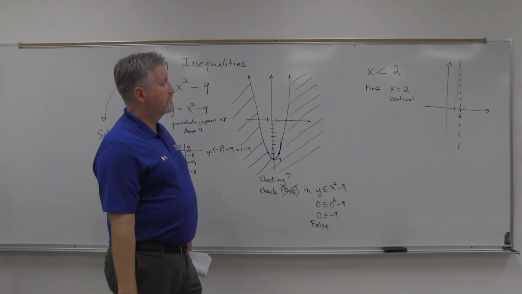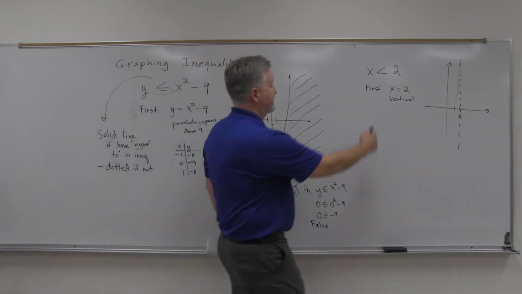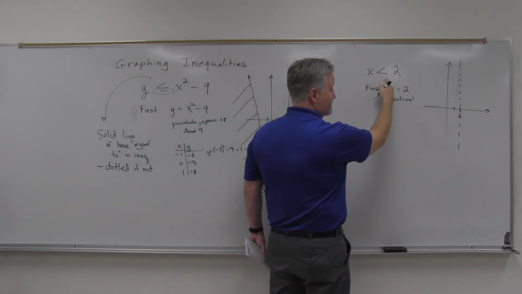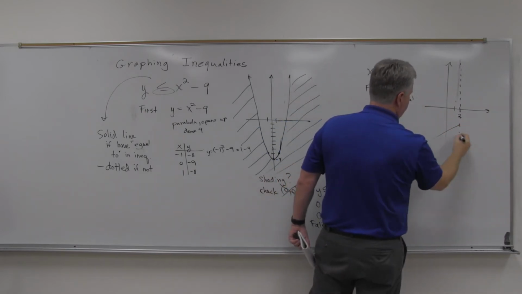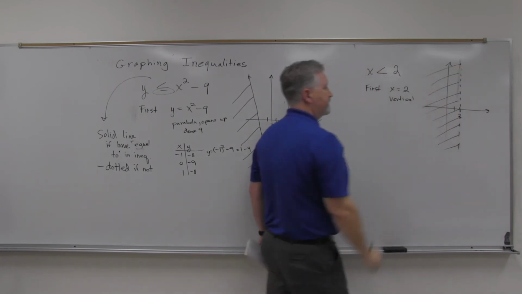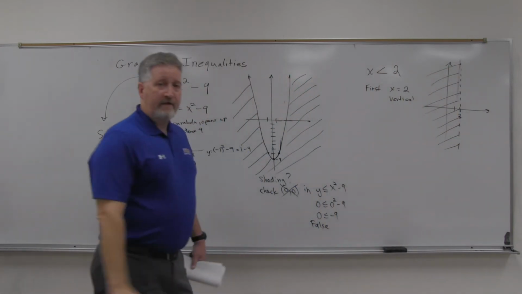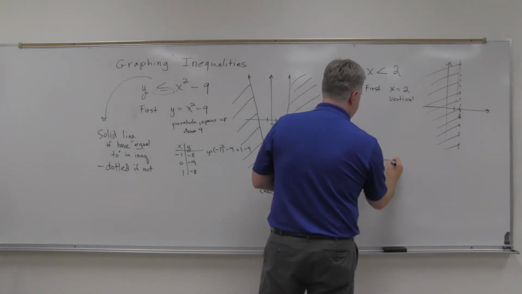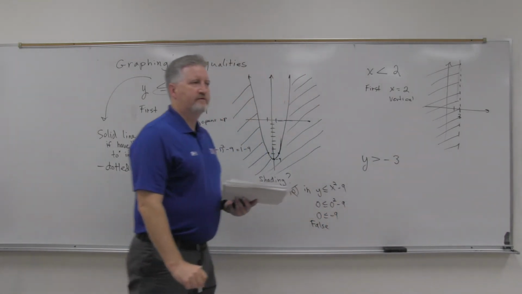Zero, zero, would it work? Yes. Yeah, for zero, zero, all we have is x is zero, so zero is less than two. So yeah, zero, zero does work, so it would be this side of that line. Okay, what about y greater than -3?